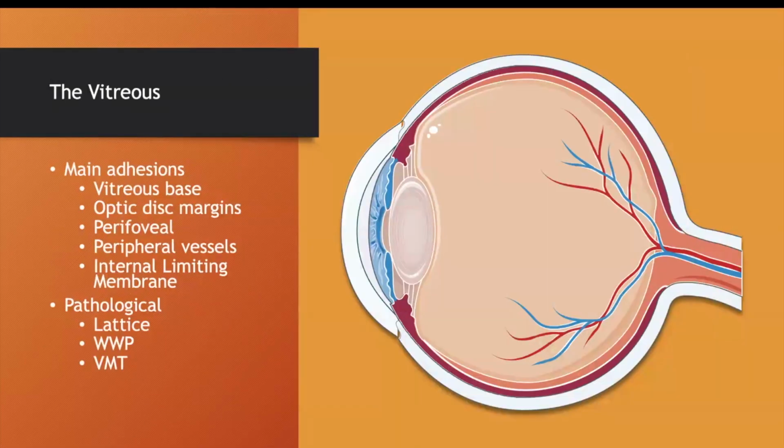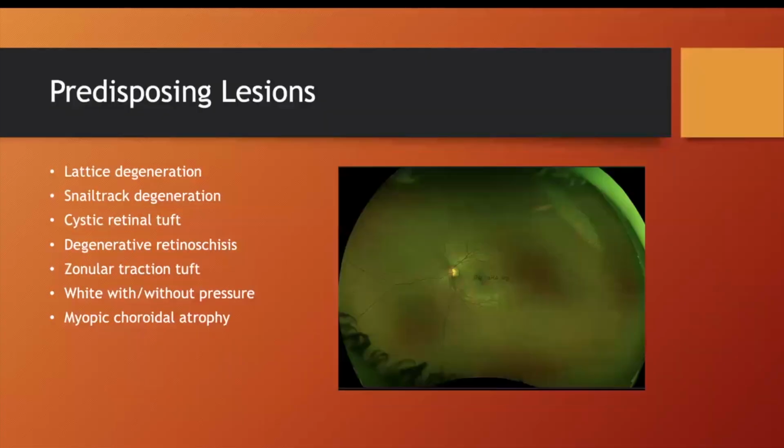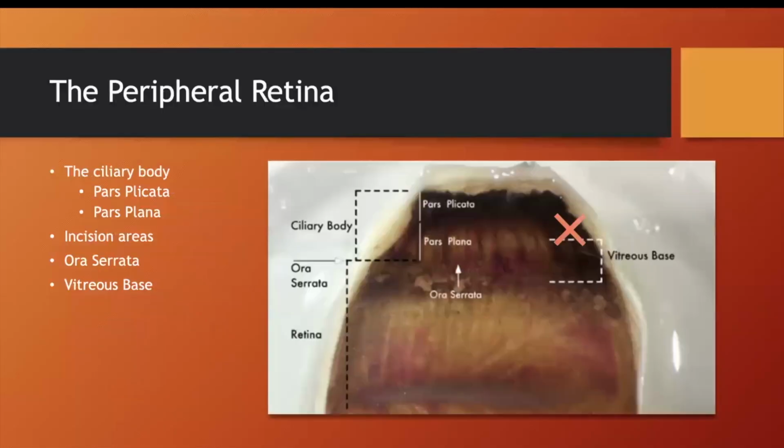The vitreous is essentially a gel, as you may know, and there are specific adhesions that the gel has to the rest of the eye. In order of strength, you're looking at the vitreous base first, which, if I go back to that diagram right at the start, straddles the ora serrata.